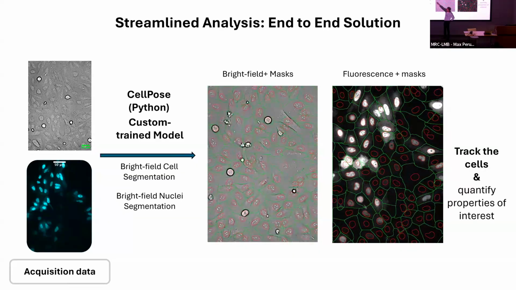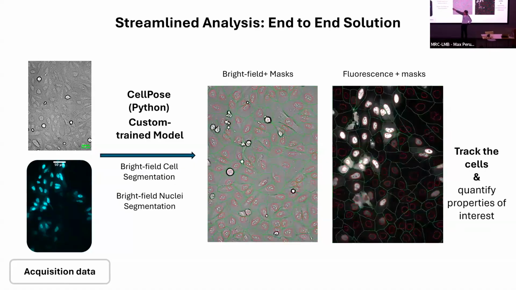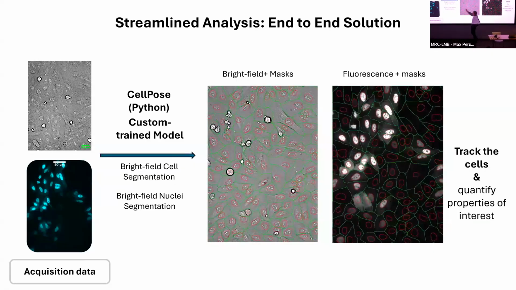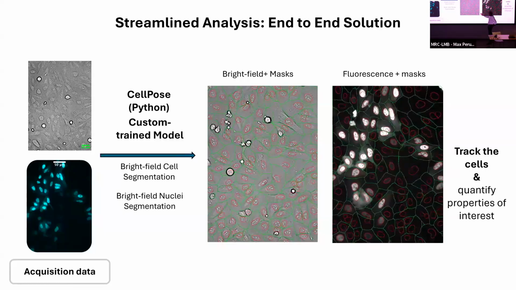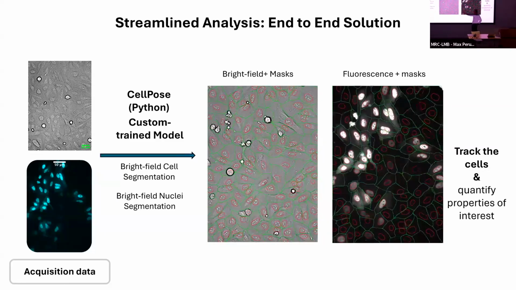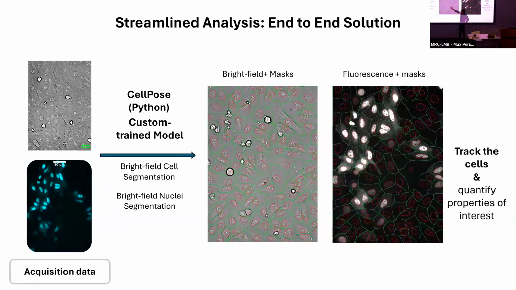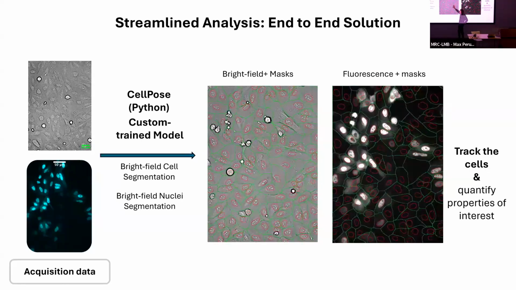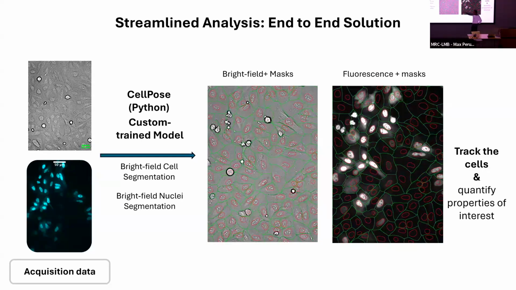All of that goes into a custom trained model, and the model generates the segmentation. So our output is not a virtual image. Our output is segmentation. And you can see the segmentation superimposed on the bright field image. But what we're interested in is the segmentation on the actual variable of interest, the fluorescence.